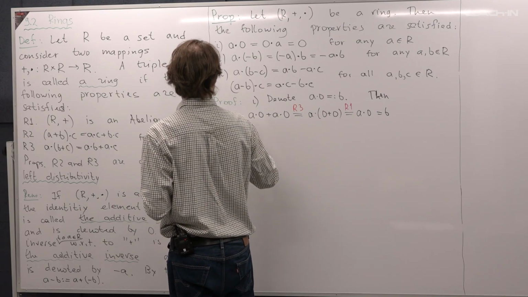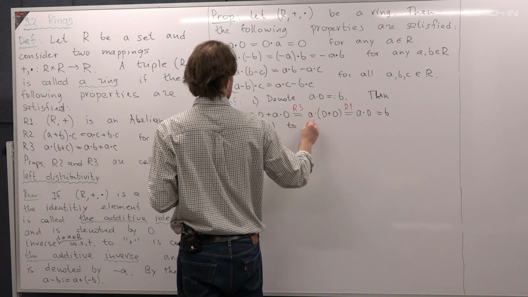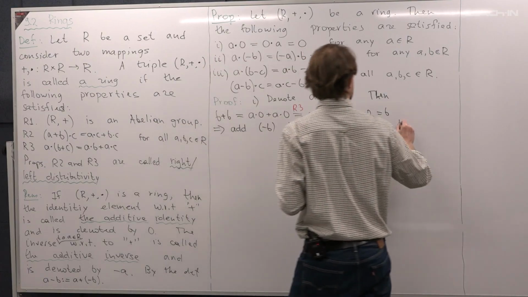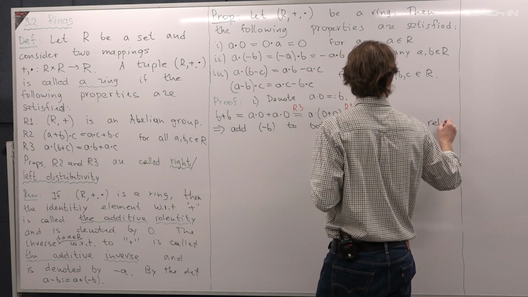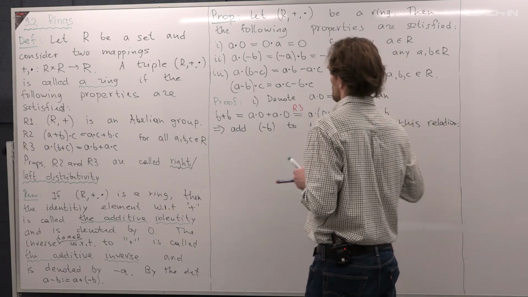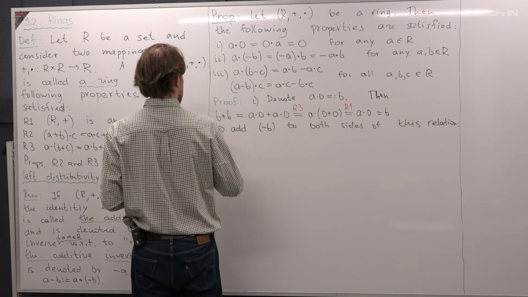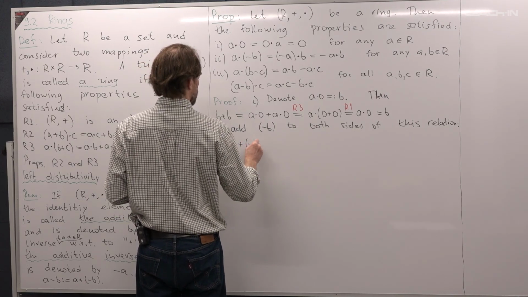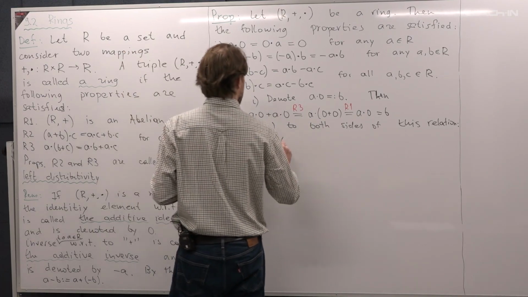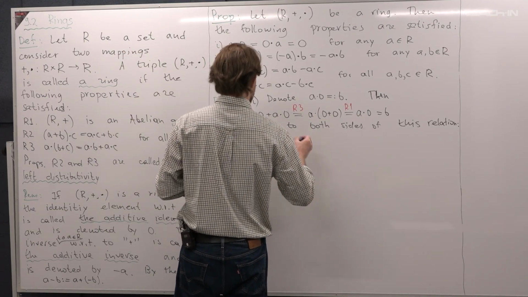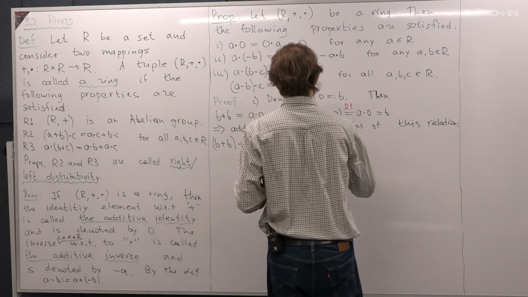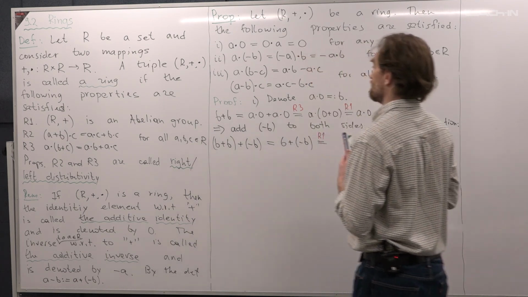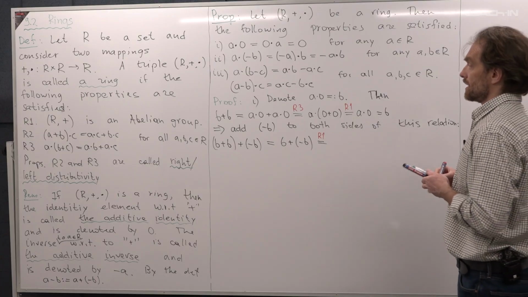Okay, and then add minus b to both sides of this relation. So what do we get here? We get (b plus b) plus minus b equals b plus minus b. Here once again we use the property of addition; all the properties of the first operation are hidden in the first axiom.